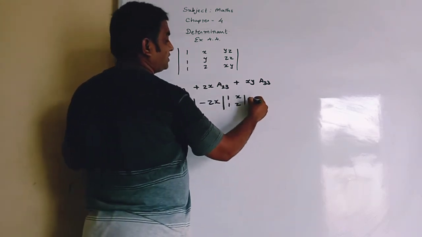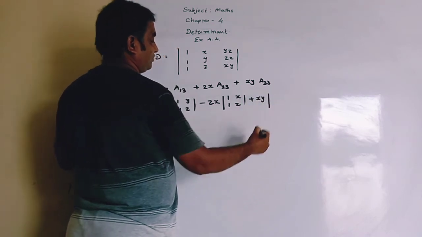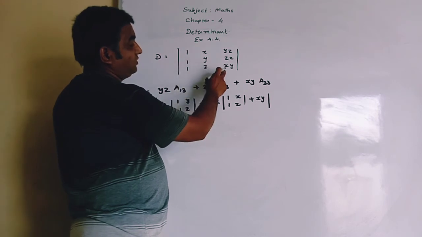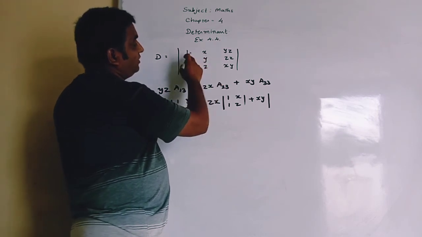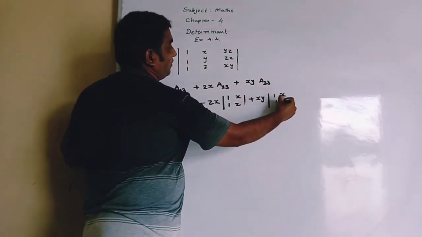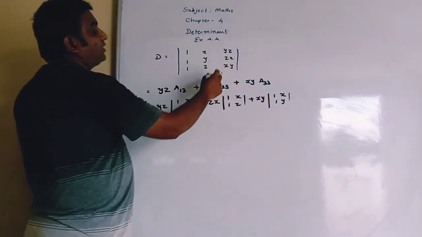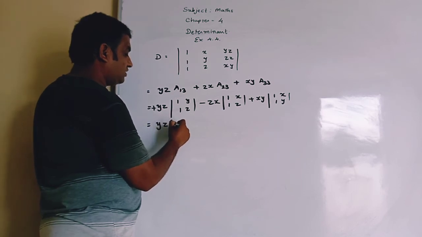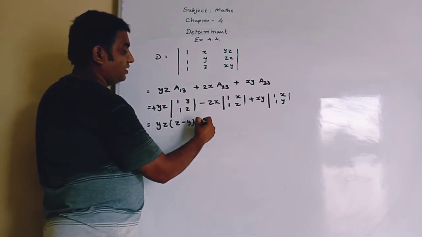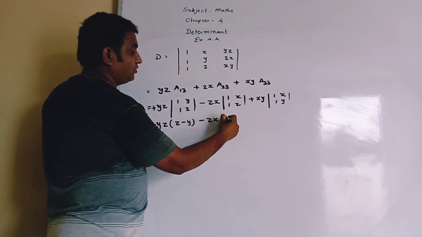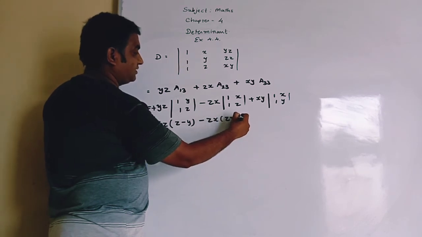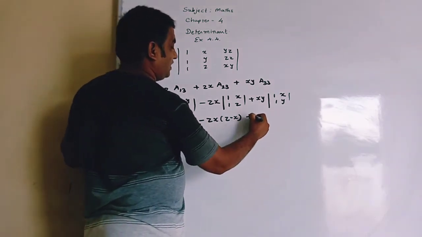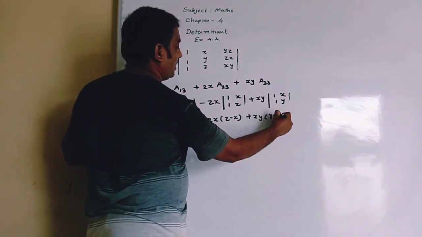And here plus xy into 1 1 over x y, minus 1 to the 3 plus 3, which is plus. So it is yz into z minus y, minus zx into z minus x, plus xy into y minus x.